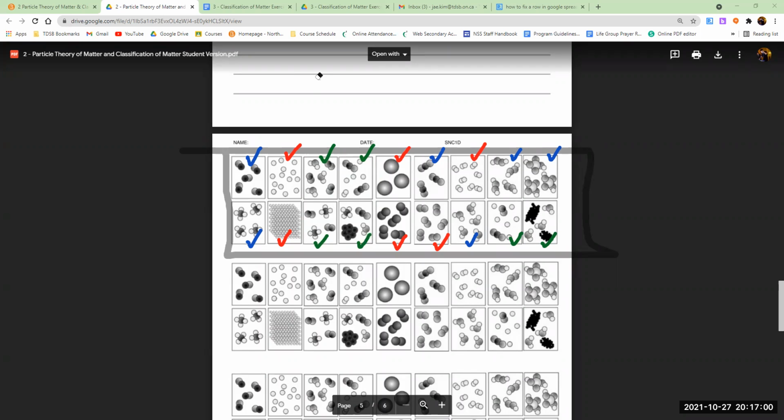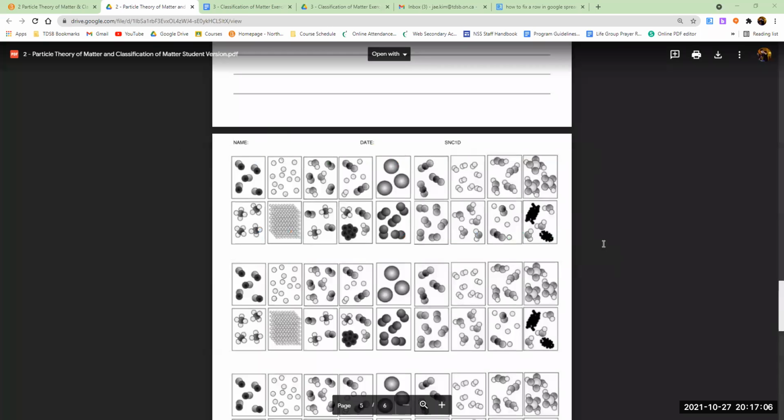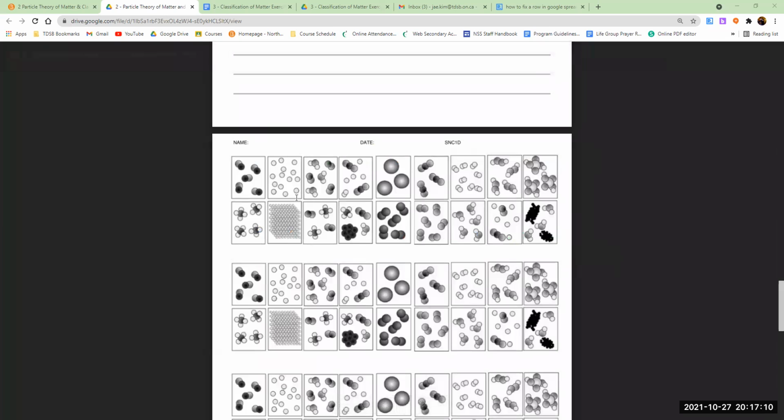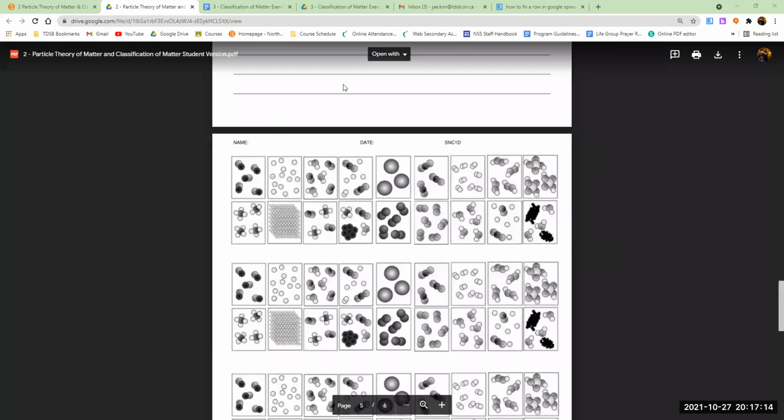As for an element versus a compound, the definition we gave for an element is that every single sphere is identical. I didn't say every single bundle of particles is identical; I'm saying every single sphere. So I'll do it in blue, as a highlighter.